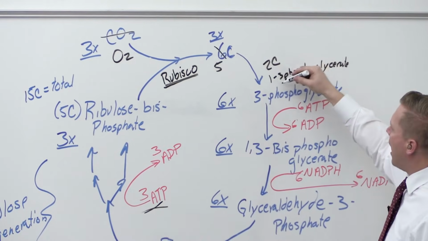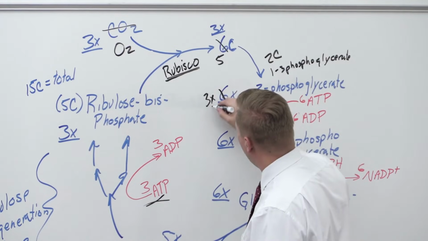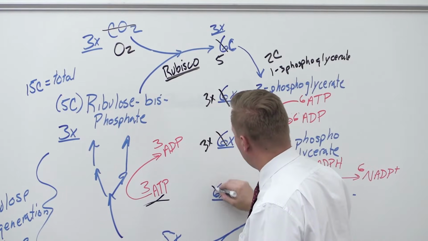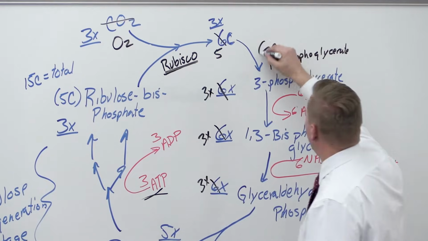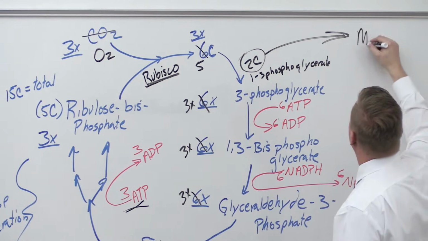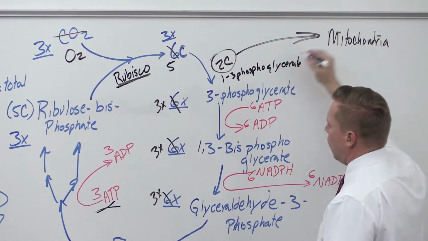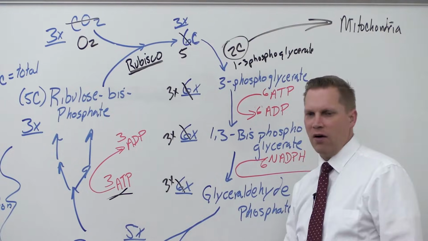Now, the problem with that is as we go through then, we don't get 6. We get 3x, 3x, and 3x. This 2-carbon intermediate, we get a bunch of them, but it's totally useless. This has to go back out to the mitochondria to be used. It won't replenish or help us in the Calvin cycle.